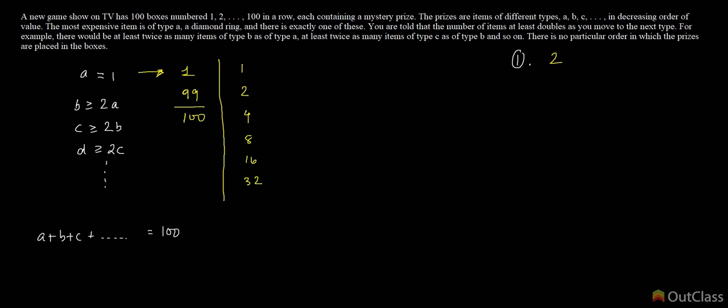You know that this is a GP of common ratio 2, where the sum is 1 less than the next term in that GP. So up to here the sum is 3, up to here the sum is 7, 15, 31, 63, and so on. If you add one more term here, the sum will be 127, which will exceed 100. So we can conclude that you cannot have 7. 7 is not possible.